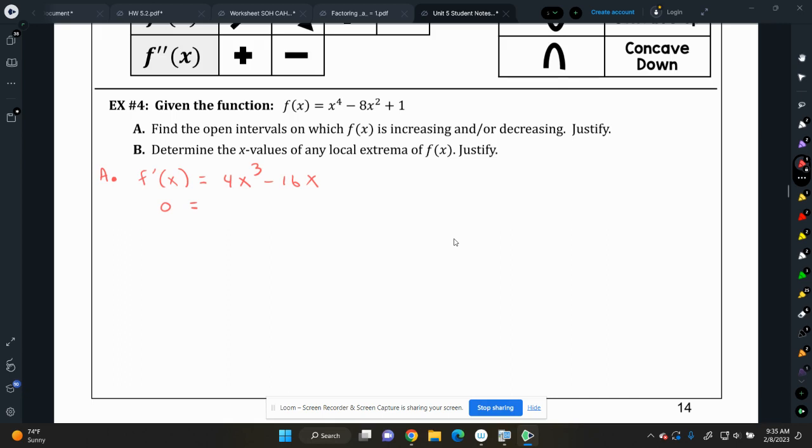It means we don't have to find the domain because they're polynomials. Correct. Should we state that it's continuous? Yes. Do we have to worry about differentiability?